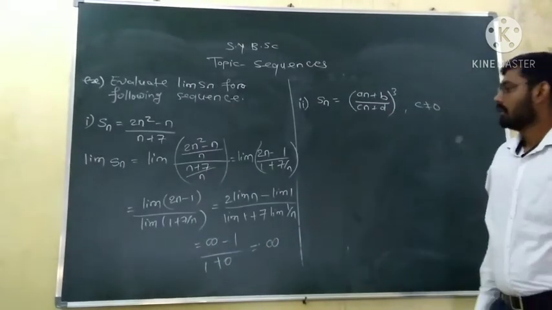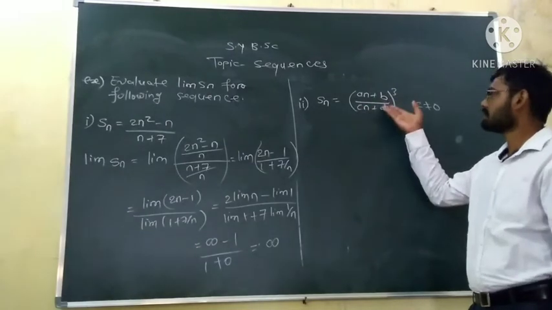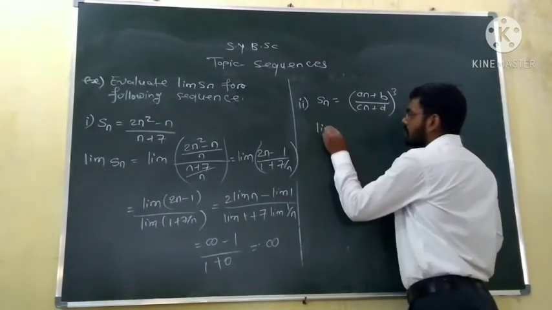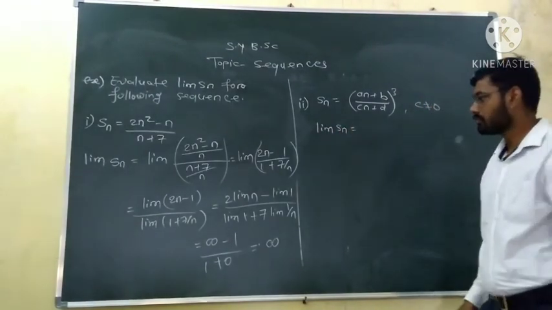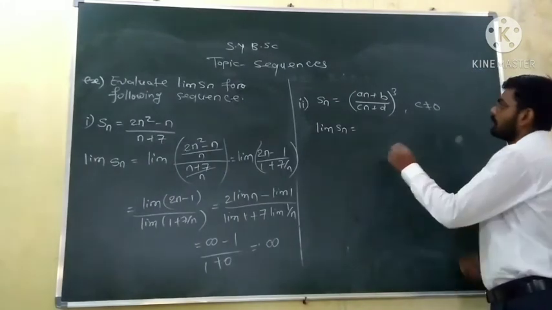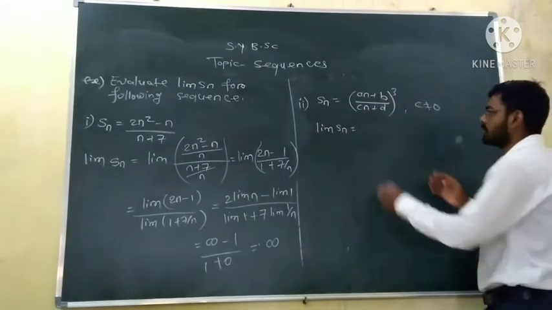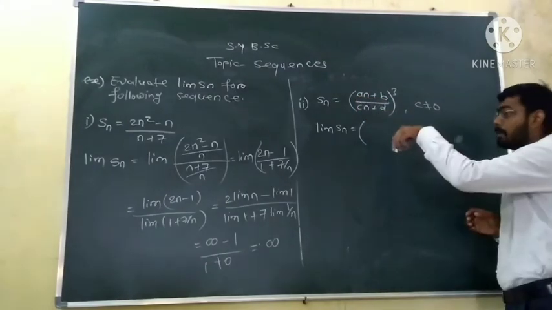Understand? Now another example, where Sn is given like this, and we will find its limit. The limit of Sn as n tends to infinity: we keep the cube outside, so this becomes the limit of the numerator and denominator.